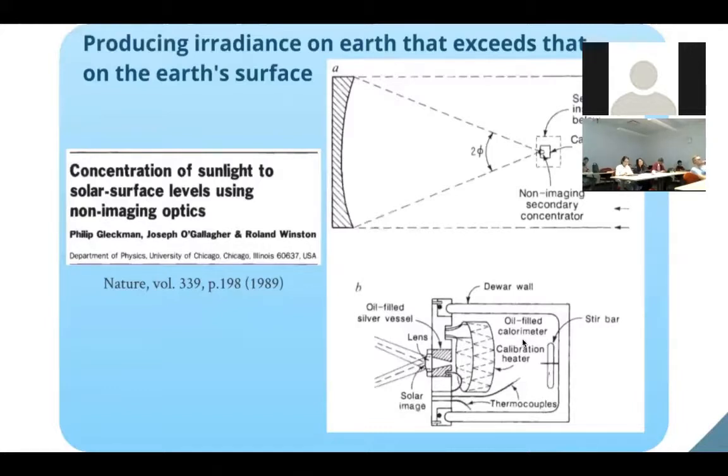So it's an oil-filled calorimeter, which means that it's at the refractive index of the oil. So they can get a concentration factor which is N squared times the concentration factor without the oil. And they have thermocouples to measure the temperature. So it allows you to increase the concentration factor by a factor of N squared.